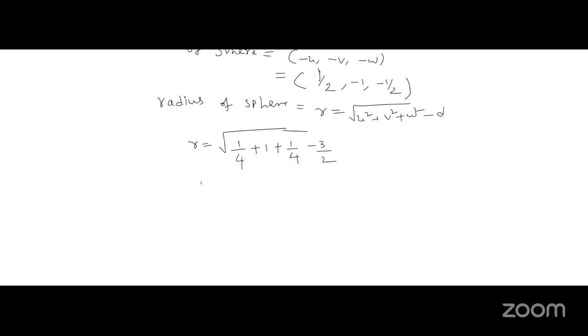So r equals, taking 4 as LCM, 1 plus 4 plus 1 minus 6, so that is 0 by 4. So that is equal to 0. So this is the radius r.